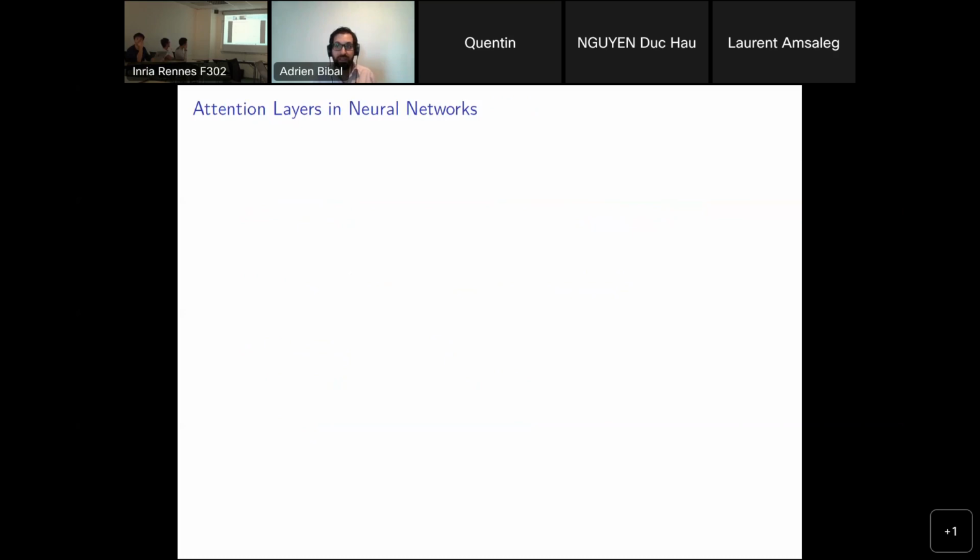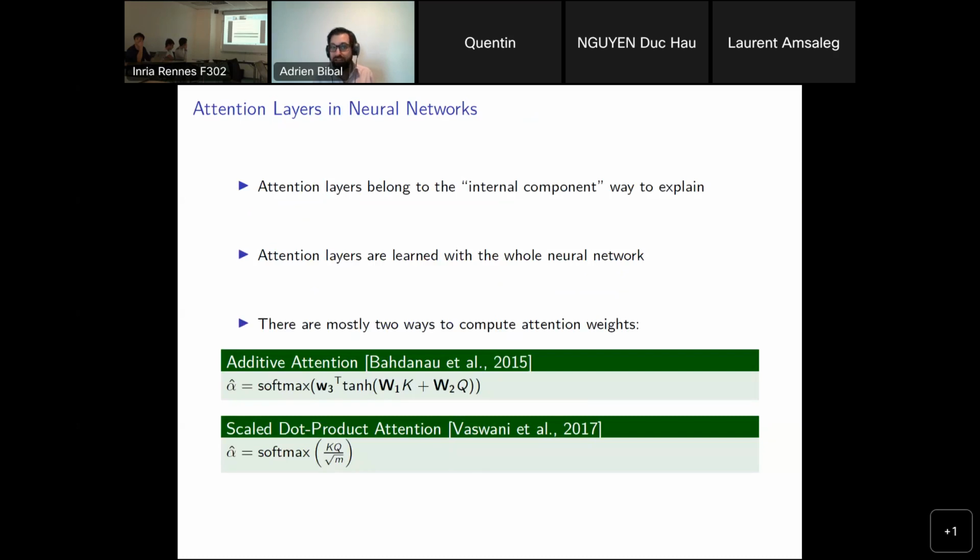So in our case, we will consider attention in neural networks, and attention belongs to the internal way to explain the model because it's something that's inside the model and trained with the neural network as a whole.